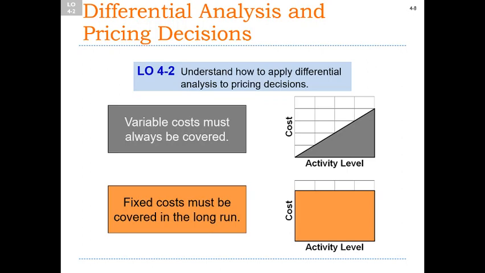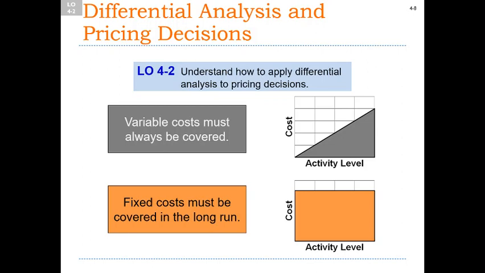And in that example, we looked at a situation where the analysts incorporated both variable costs and fixed costs, and because they incorporated fixed costs, they were going to make a wrong decision in whether or not to accept a special order that was below what they normally would price an order.